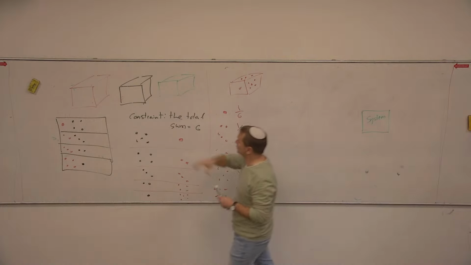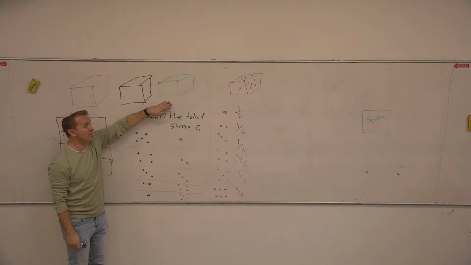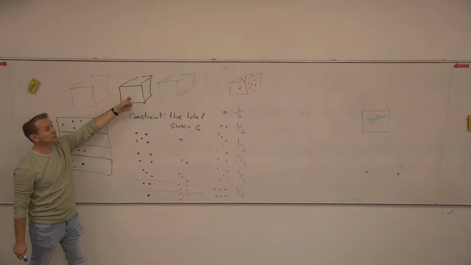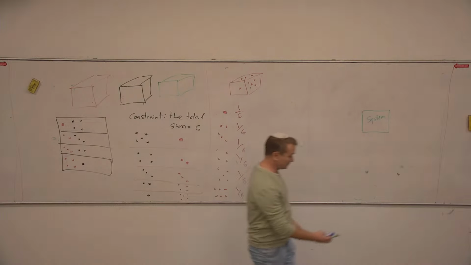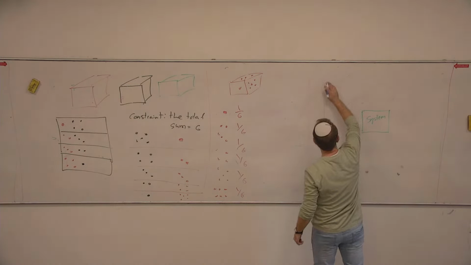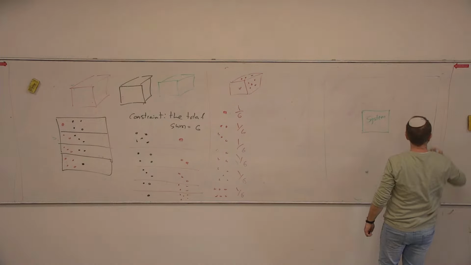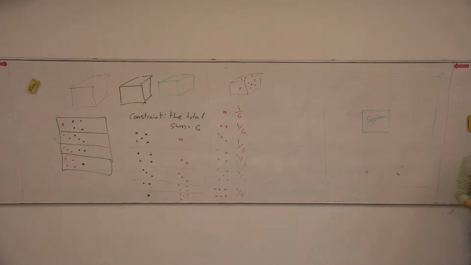Like your green dice. You put it in contact with many other different systems: black dice and red dice, etc. So you have many different systems that are in contact with your system.